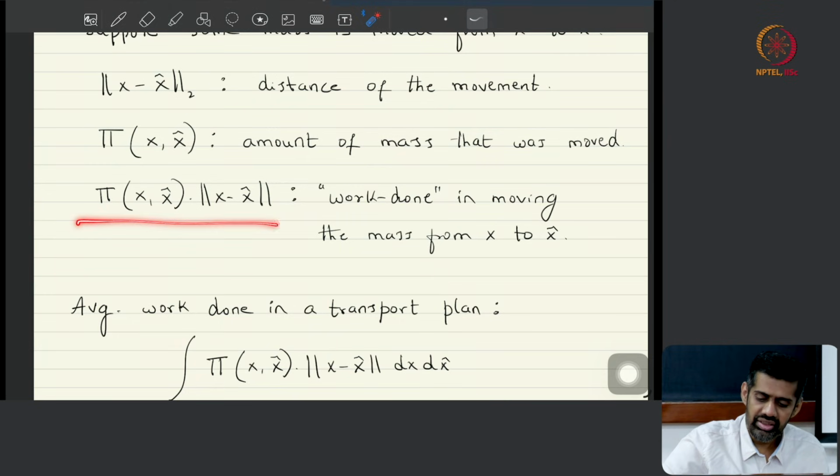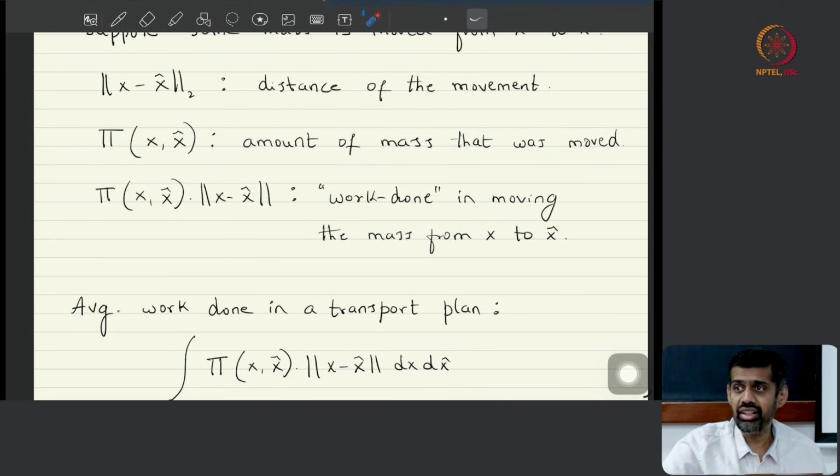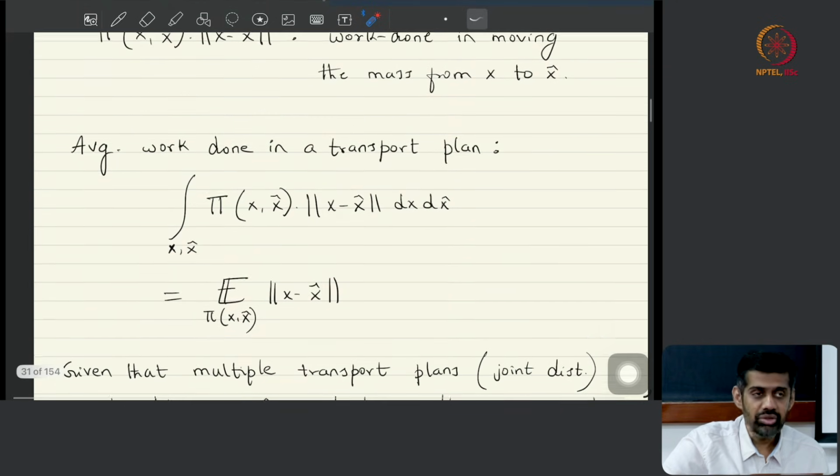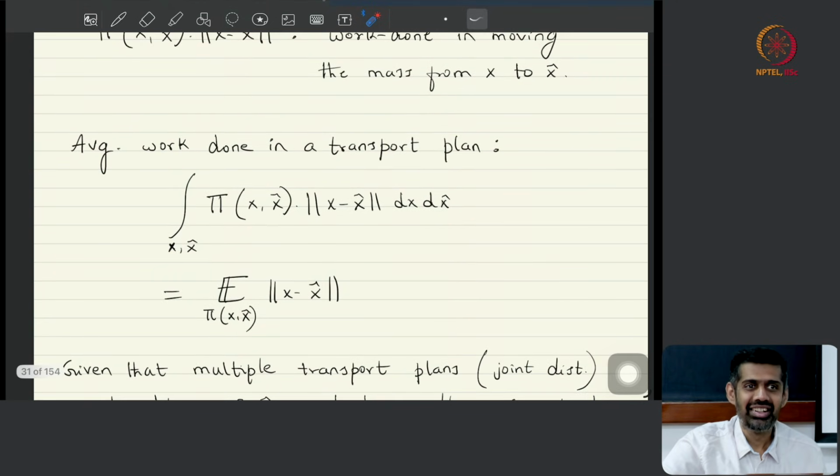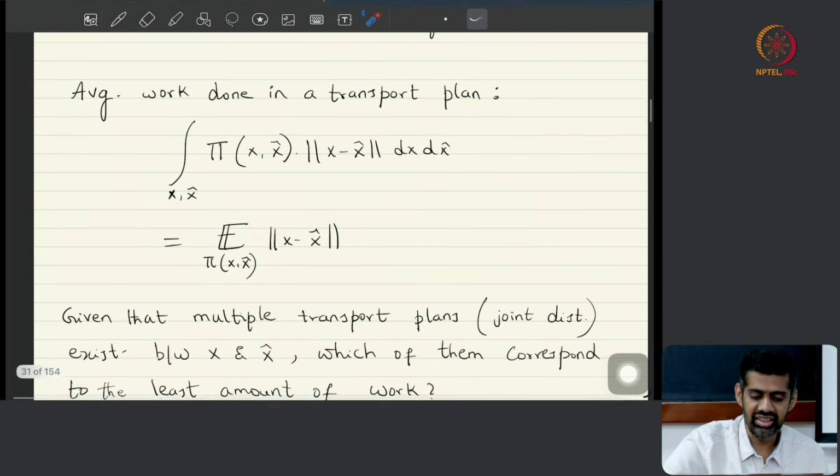Okay. So this will tell you the effort that is needed to move a mass of pi x comma x cap from point x to x cap. Okay. Now we need average work, again high school physics, right. If you want to quantify the average work, you just integrate all of that over all possible masses. I just made a jump now from discrete distributions to continuous distributions. Either you take a sum over all possible values or you take an integral.